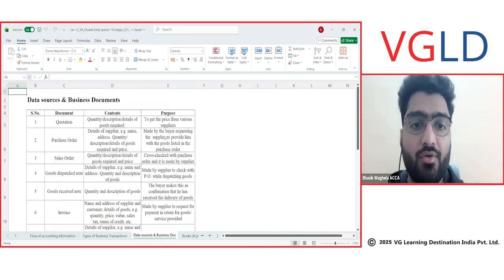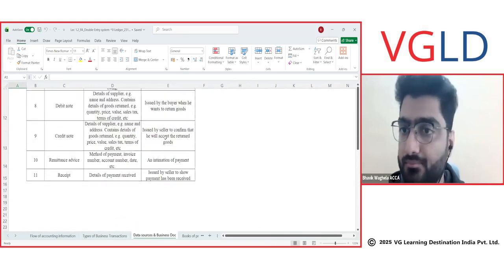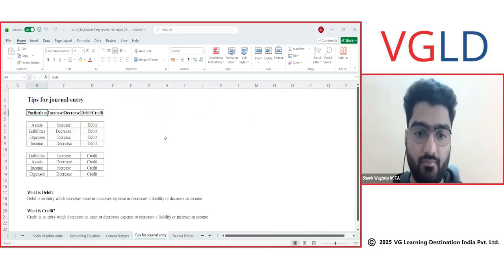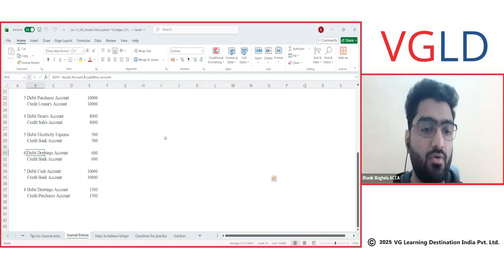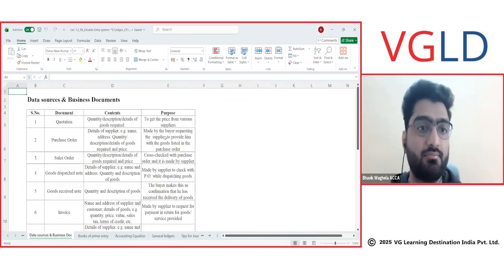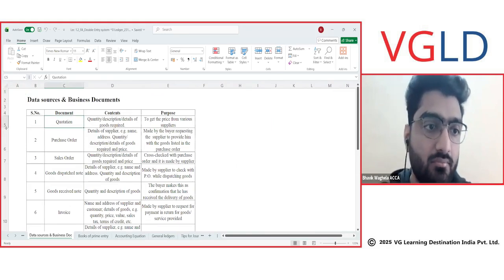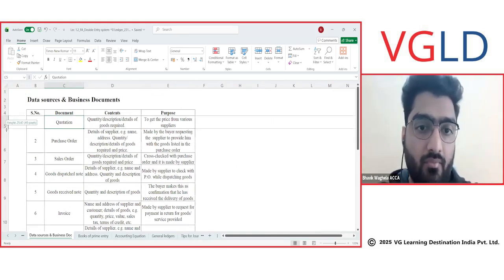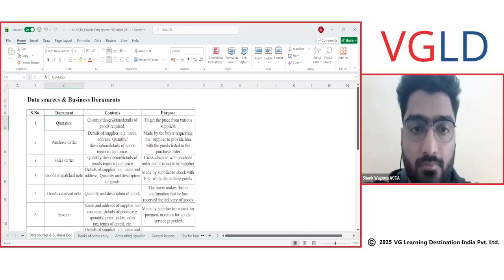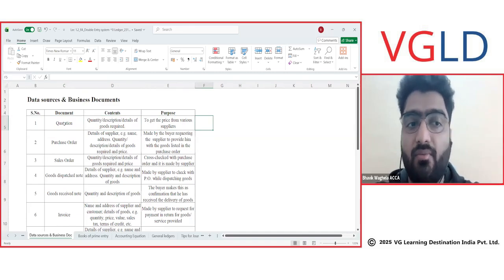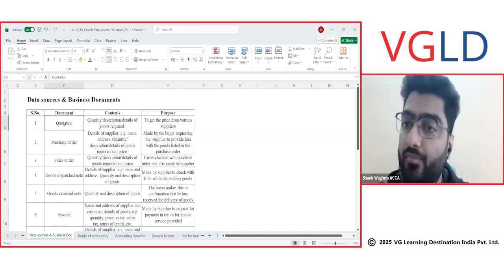Then we have data sources and business documents. First one is the quotation.